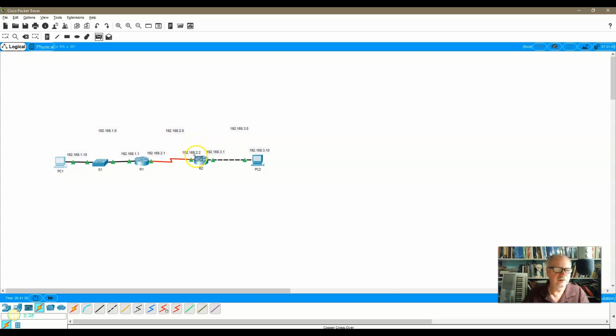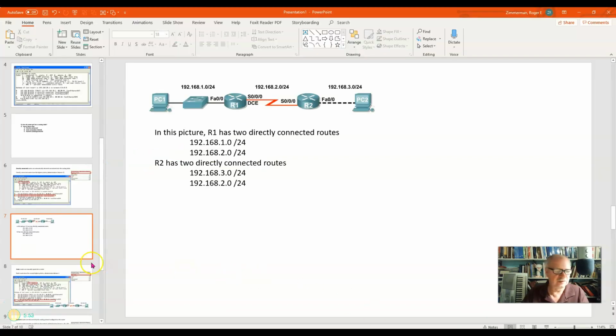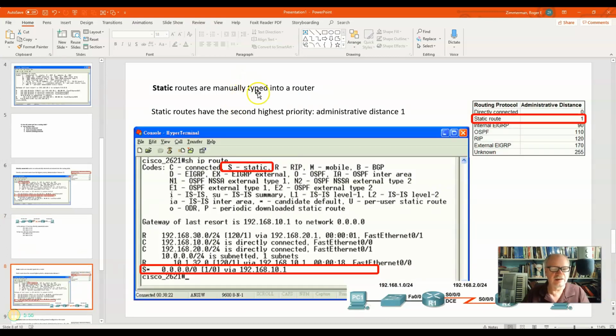However, this router here does not have in its routing table how to get back to 1.0. It says, hey, I know about 2 and I know about 3, but I don't know about 1. I have no idea where 1 is. And so it drops the packet at that point. So I cannot ping this interface, this interface, or this interface. That's why that happens. All right, let's go back here now, and let's talk about static routes.